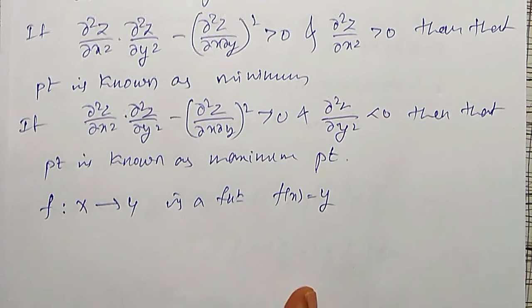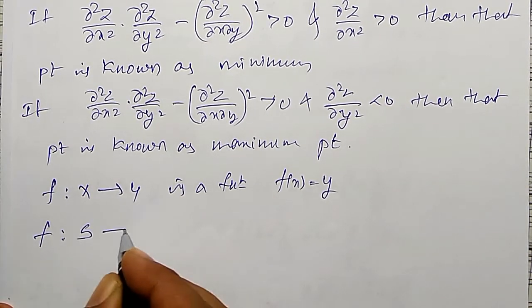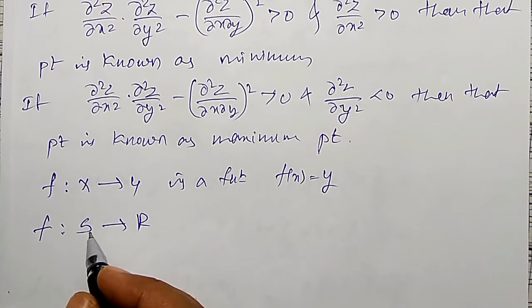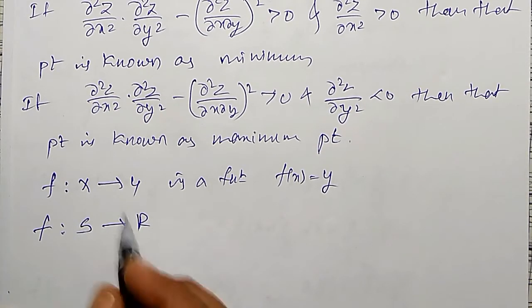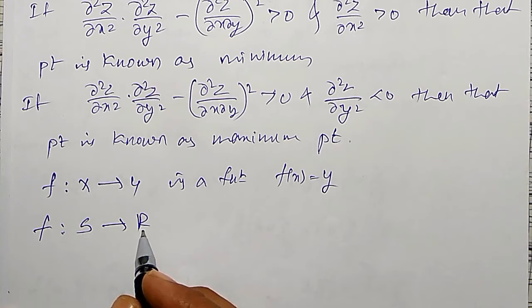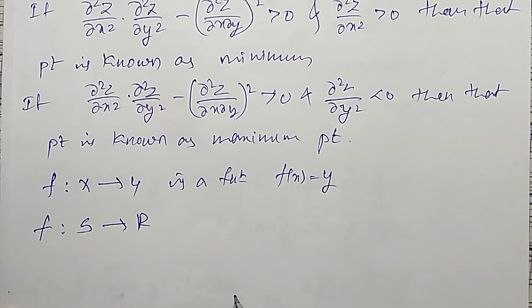Now a functional is a function from a set of functions to a real number r. If S is a set of functions and for each element in S it gives one real number, such functions are known as functionals.